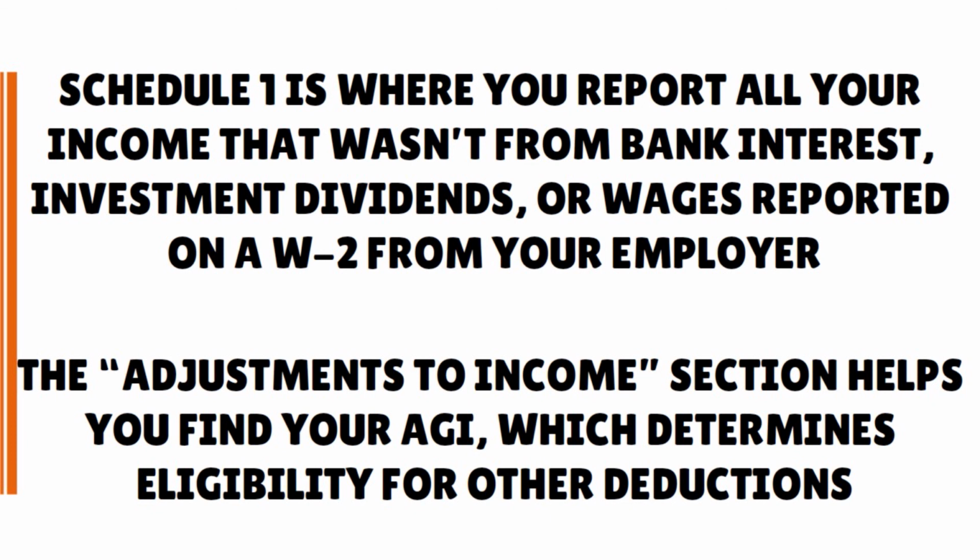This is where you have the concept of above-the-line deductions. So it doesn't matter whether you itemize or take the standard deduction. It doesn't matter. And Schedule 1 was created in the 2017 tax reform, so its content used to be directly on Form 1040, but the tax reform of 2017 tried to simplify the whole process.